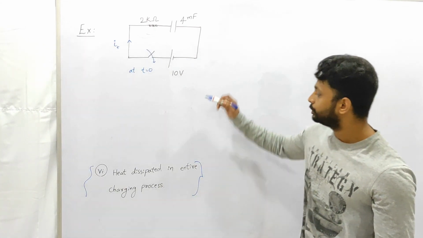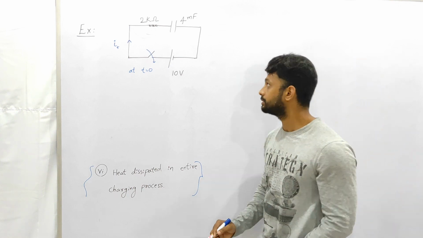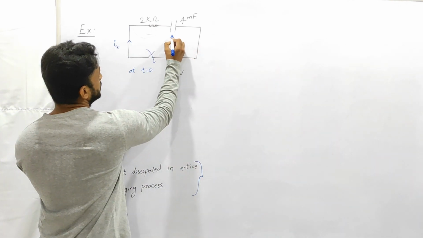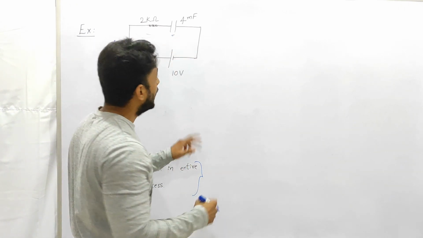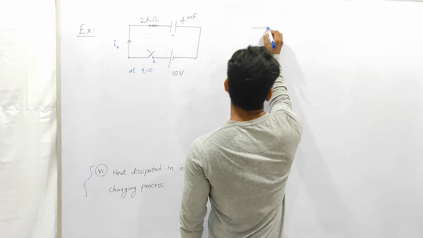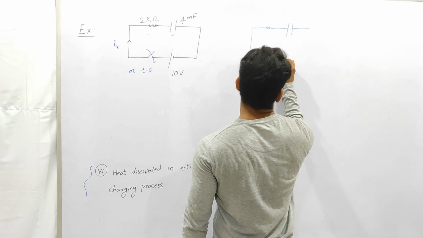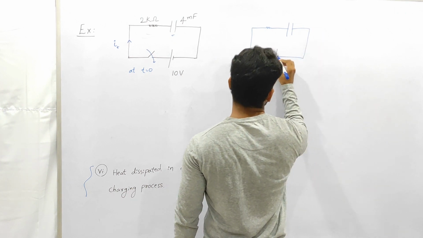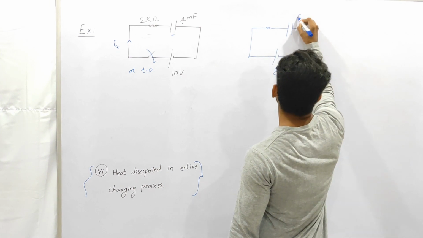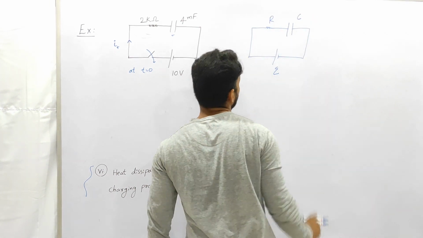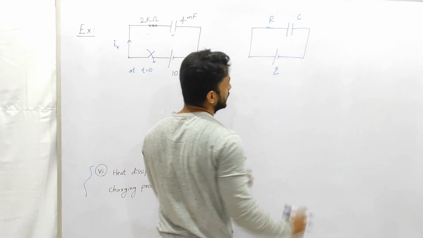Next we see the second method to find the heat dissipated in the entire charging process of this capacitor, using the energy method. Initially the capacitor is uncharged, so there is no energy stored here. In steady state, the capacitor will get the full charge, that is C into E. Let's say this is EMF E, the capacitor has C capacitance and the resistor R. So in steady state, it will have the complete charge.